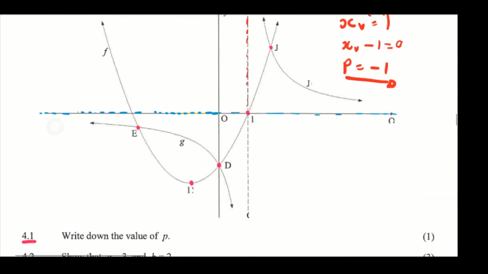As I said, this is the vertical asymptote, x equals 1. As you can see here, it goes all the way up, right? And this hyperbola here doesn't touch the asymptote. Fine, so now we're done finding the value of P, which is equal to minus 1.